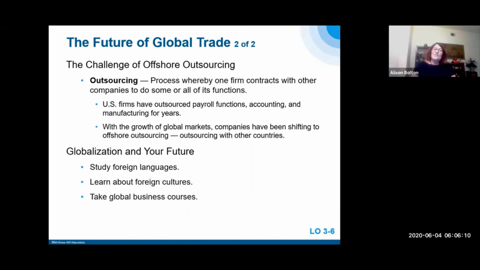So, the concept of outsourcing. We hear this all the time: contracting, outsourcing, where we have one person doing work under contract, different functions. It's usually a temporary thing. We've seen this going on for many years now.